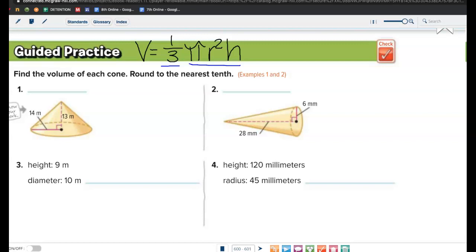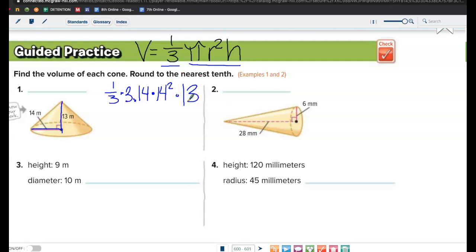So number 1, we're finding the volume of the cone and we're going to round to the nearest tenth. So number 1, we have 1/3 times 3.14, which is what we're using for pi still, times the radius, which is half of the circle, so that is our radius, 14 squared, times the height of our cone, which is right there, 13.